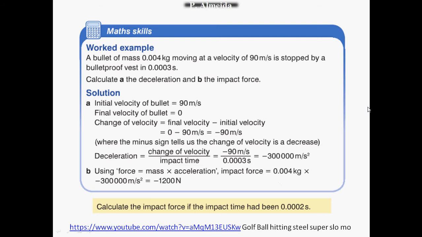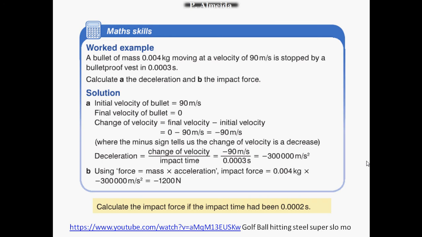Okay, so this exercise doesn't show as much that change of momentum equals force times acting time, but you will have that coming up in another video. Now, something else. I've been telling you about how fast these things can decelerate, and I have a video here of a golf ball hitting a steel plate in super slow motion, at 1,000 or more frames per second.